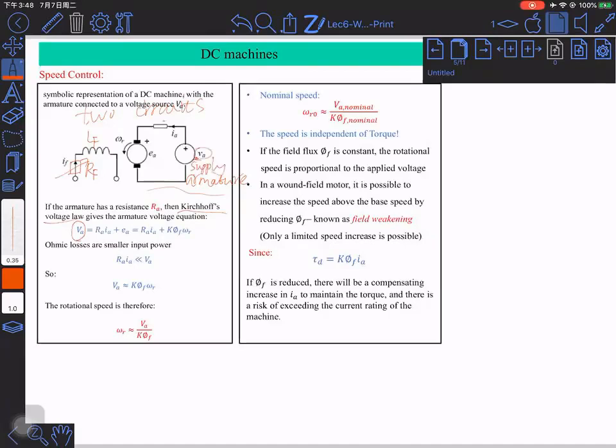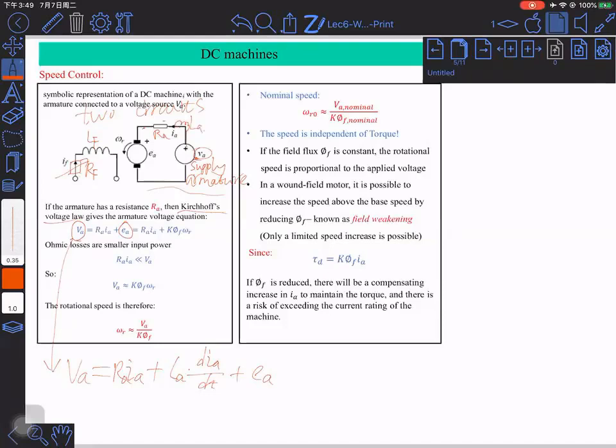VA is equivalent to RA IA, that is the voltage drop across the resistance, plus the induced electromotive force. Here, the full expression of the equation should be VA equals RA IA plus LA times dIA/dt plus EA, because we will definitely have not only RA in the circuit, but also inductance LA.